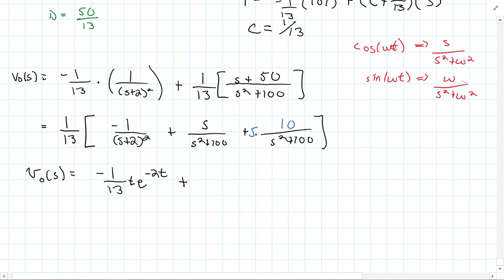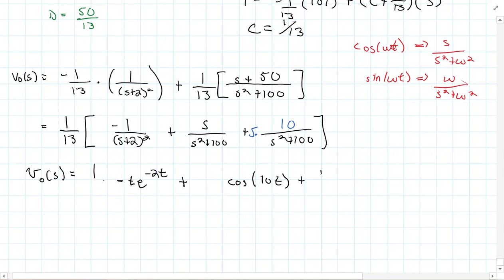plus 1 over 13 cosine of 10t plus, what am I doing here? I had factored those 1 over 13s out in the front here. You're probably all screaming at me right now.